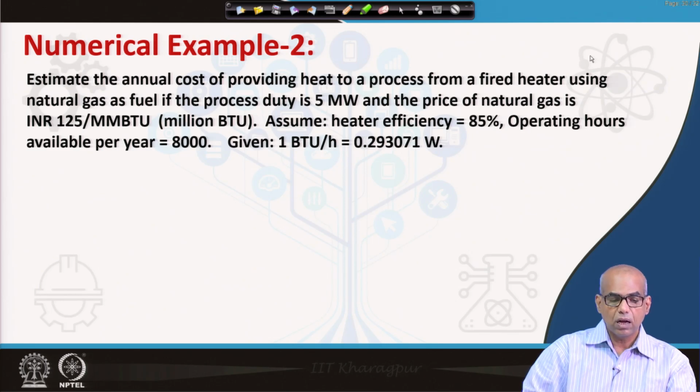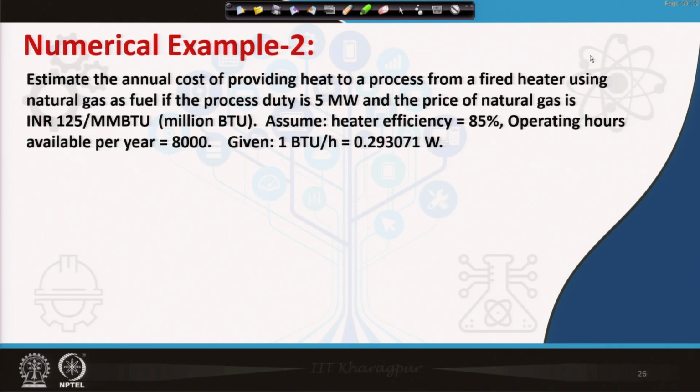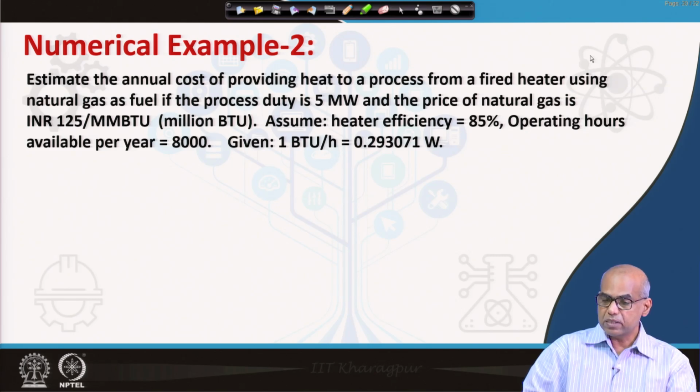This is the common unit for expressing energy in the natural gas. We assume heater efficiency to be 85%, operating hours available in a year 8000, and also it is given that 1 BTU per hour is equal to 0.293071 watt.